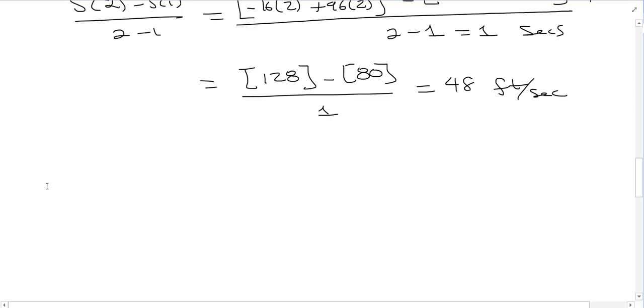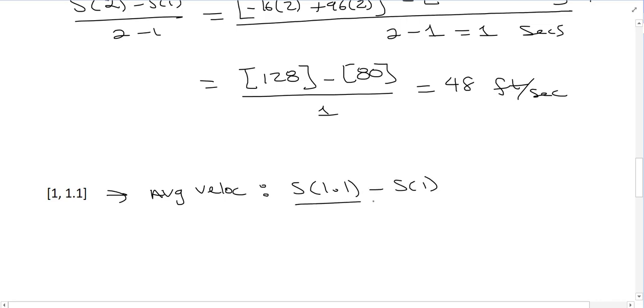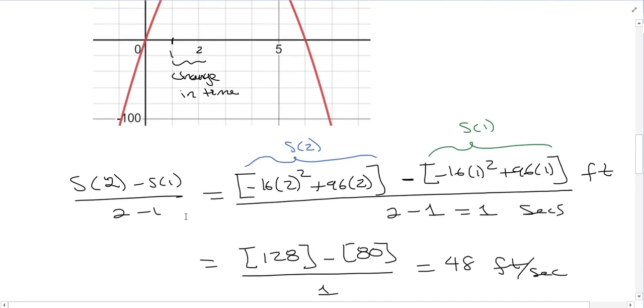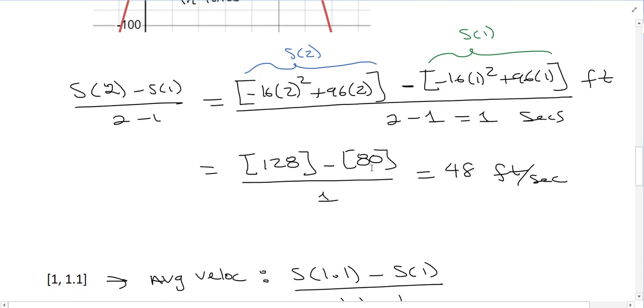We'll do the same thing that we did for between 1 and 2. So the average velocity is going to be, in this case, s of 1.1, the one that comes after, minus s of 1. Now the nice thing about this problem is that, notice that we keep using s of 1, so we already know that that's 80.